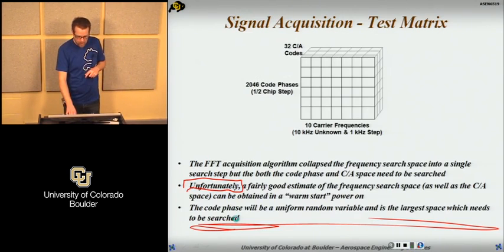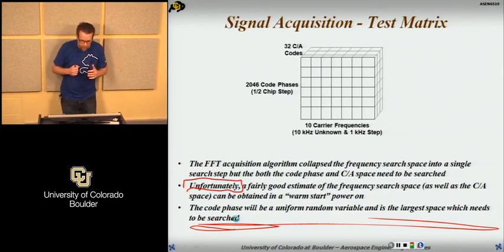If I put it this way, maybe you've heard this before: multiplication in the time domain equals convolution in the frequency domain. But we don't want to do convolution, we want to do correlation. They're related.